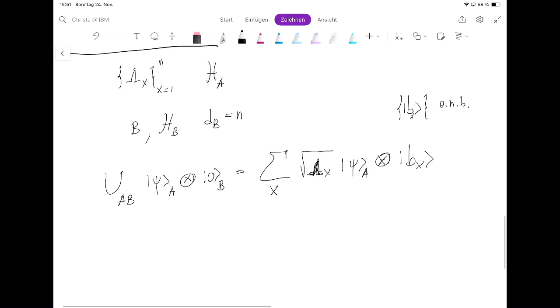I just need to take a sufficiently large space, and I will always find enough basis states to match all the possible outcomes of my POVM.